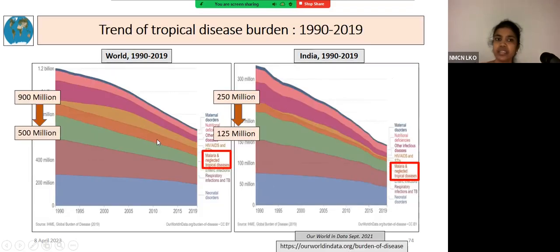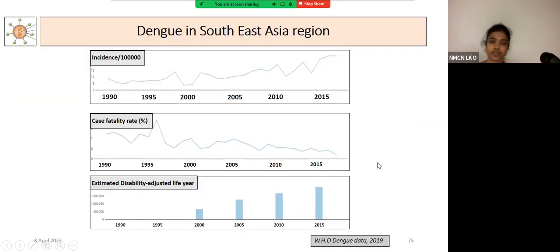If you see the trend of the tropical disease burden in the last 3 decades, from 1990 to 2019, malaria and neglected tropical disease, which is depicted in the orange shade, the disease burden has been significantly reduced in the world from 900 million to 500 million. Also, the same is seen in India. The burden has reduced from 250 million to 125 million.